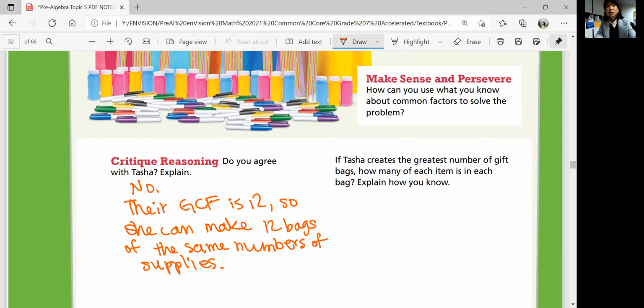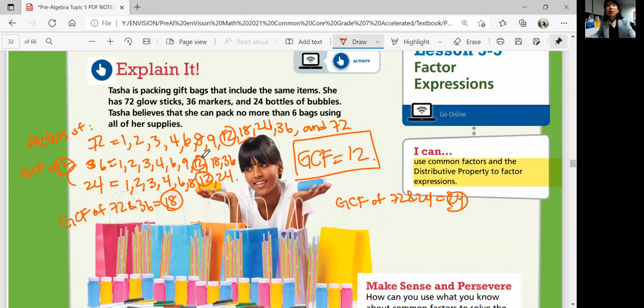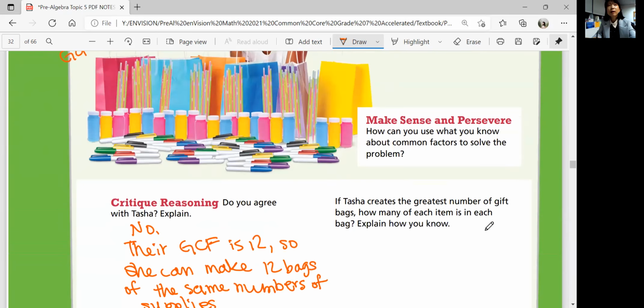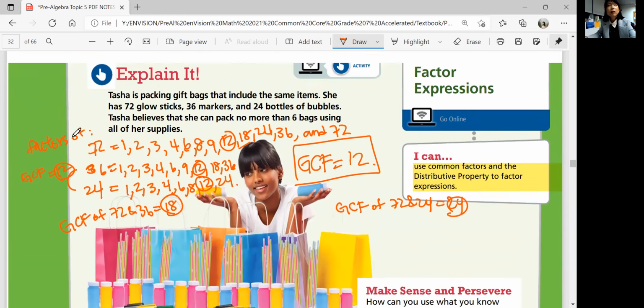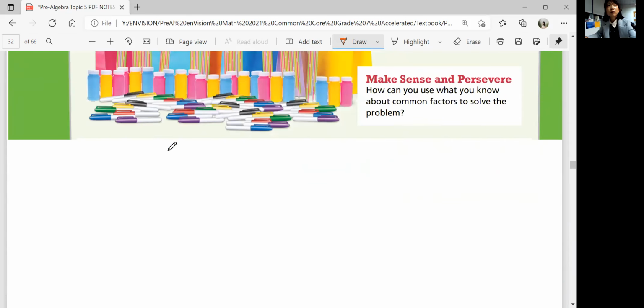Okay, if Tasha creates the greatest number of gift bags, how many of each item is in each bag? Explain how you know. So you want to find how many of each item would she put in one bag each, okay? Each item. So let's figure out glow sticks first.